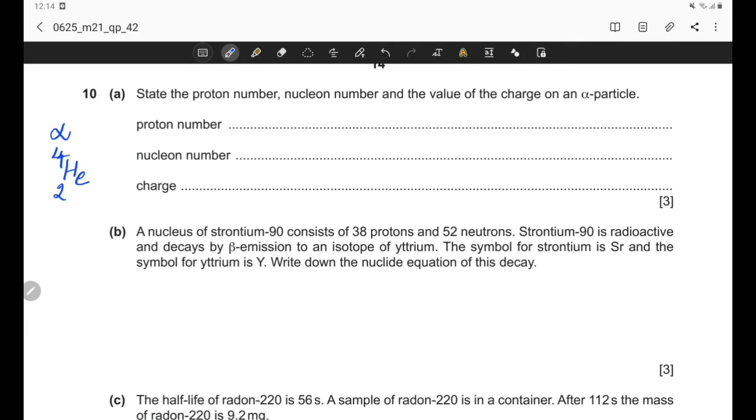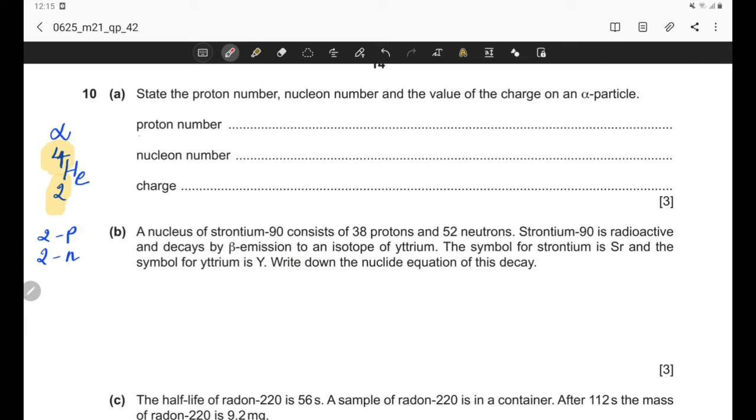From this we can understand the nucleus of helium consists of 4 nucleons, or 4 particles in total. Out of these 4 particles, 2 are protons and the remaining are neutrons. So it consists of 2 protons and the remaining, that is 4 minus 2, so we get 2 neutrons also.